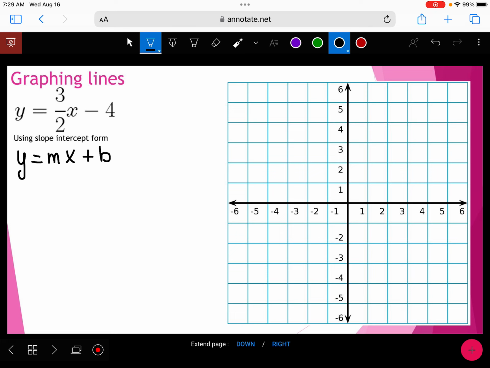Give me a second to write that because I know a bunch of people are writing. So find our slope, find our b, find our m, find our b.